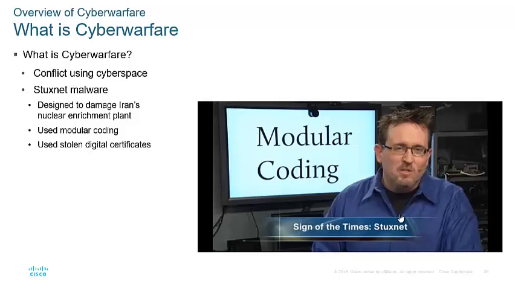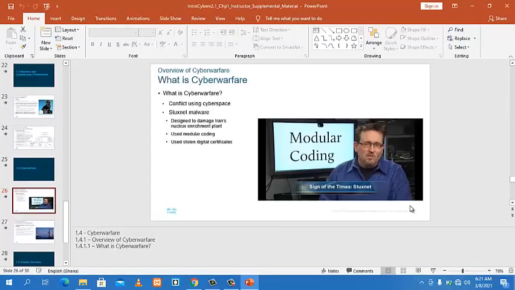And out of it, we have what we call the Stuxnet malware. Now, this malware was designed to damage Iran's nuclear enrichment plant. It used what we call modular coding, and also used stolen digital certificates.